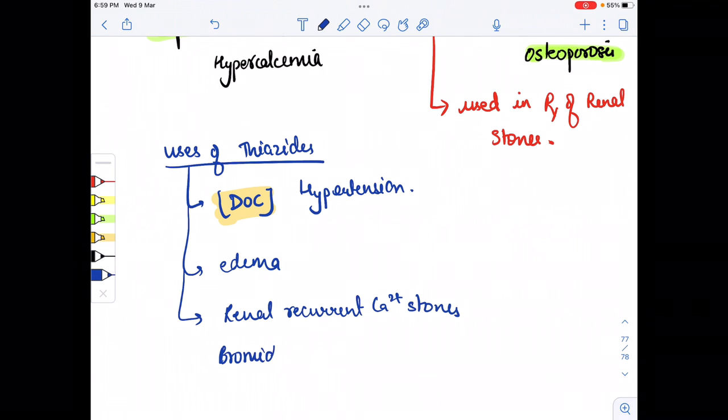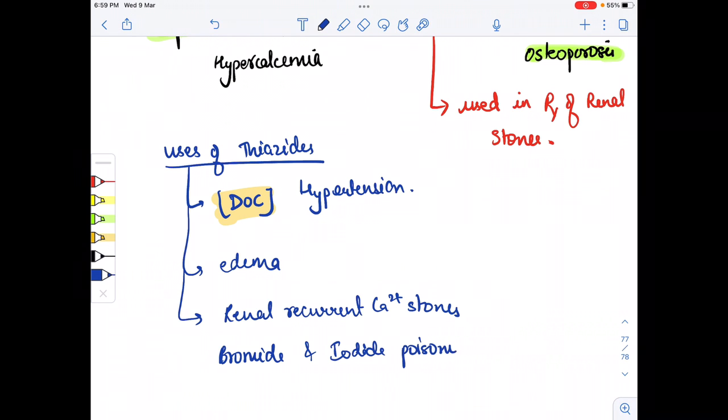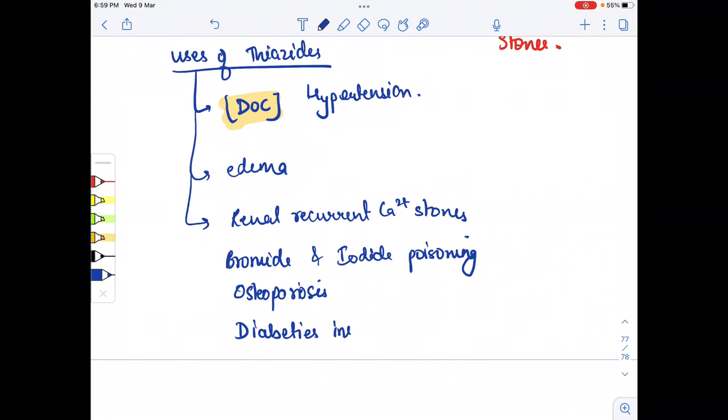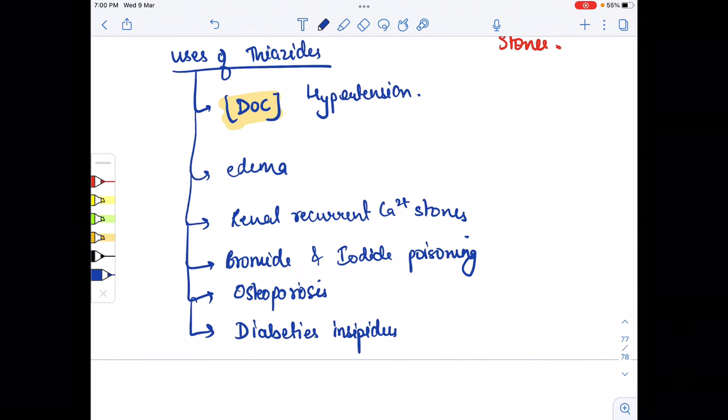It is also used in osteoporosis because it increases the calcium level, and also in diabetes insipidus. So these all were the uses. The first is that it is the drug of choice in hypertension, and it is used in edema, in recurrent calcium stones, in bromide and iodide poisoning, osteoporosis, and diabetes insipidus.